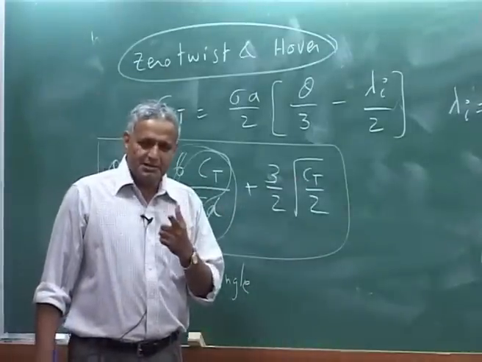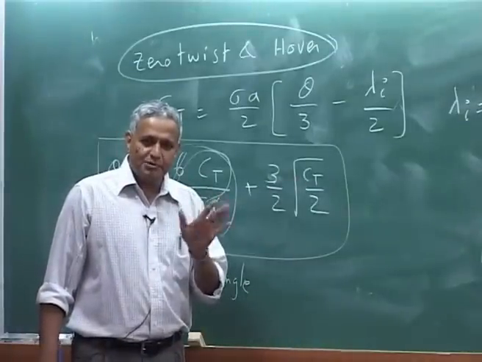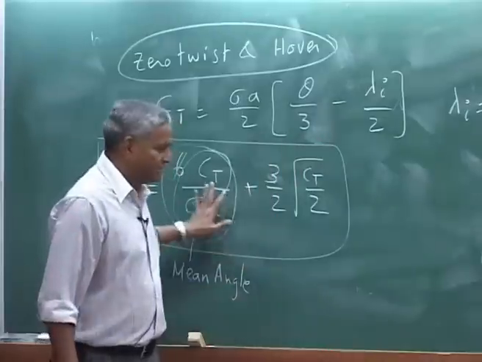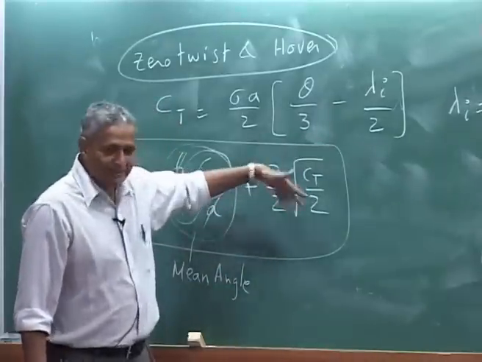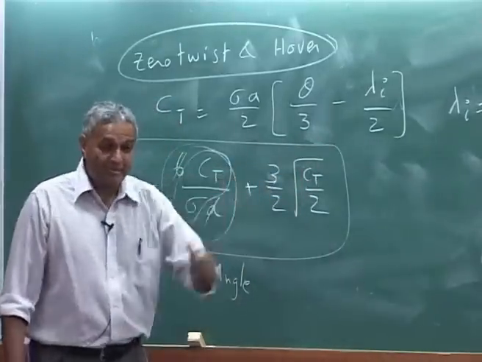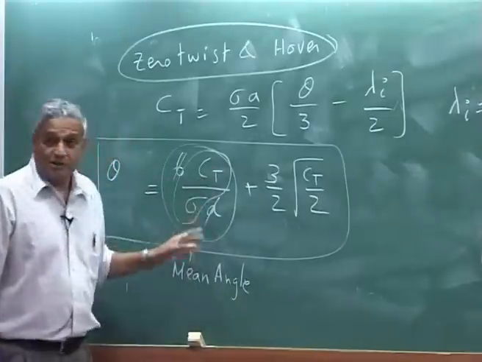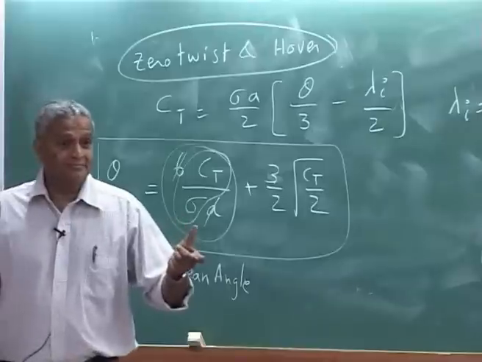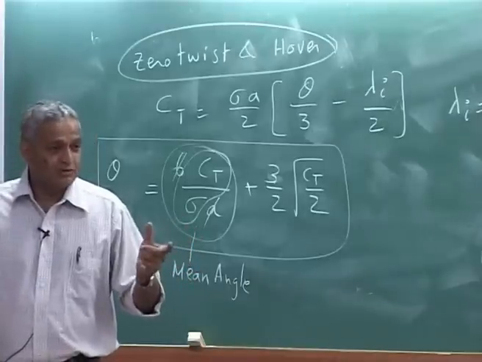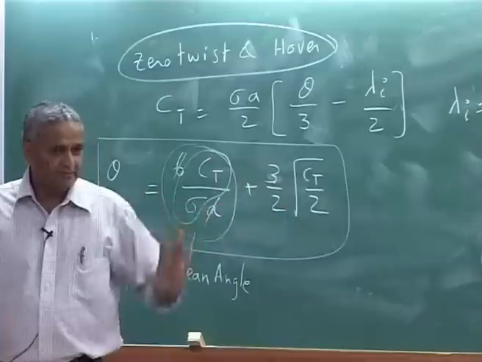Now, you will immediately say, what should be the angle I must provide for hover? Just the mean value. The other term, if you neglect it, it is all right. That is why in practical situations, helicopters always want the value of Ct over sigma, because that tells you what is the angle you must provide.